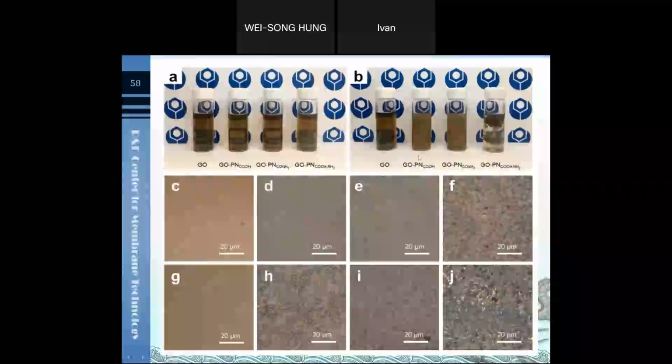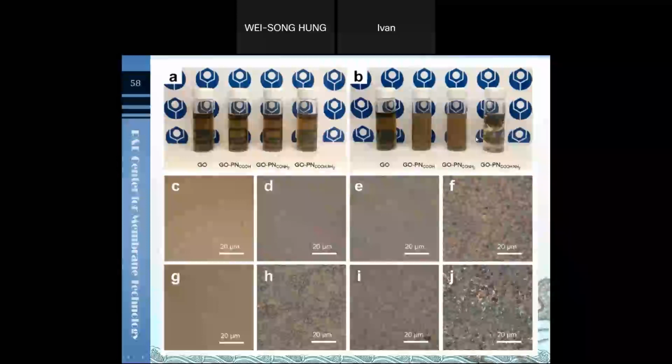In the photo, we can see something really interesting. A is at a low temperature, B is at a high temperature. We find the graphene dispersion is really clear and well dispersed at a low temperature. However, when we increase the temperature, the dispersion becomes turbulent and aggregates.